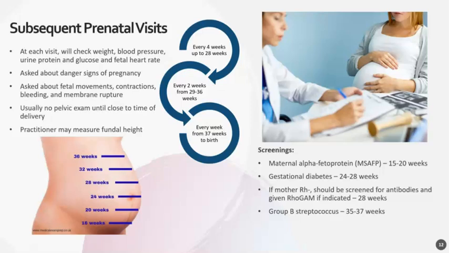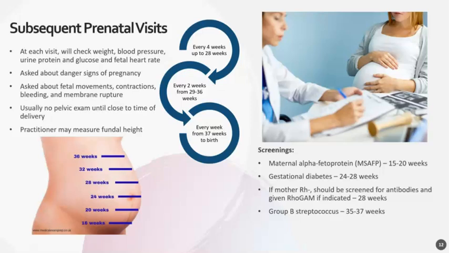Subsequent prenatal visits. What we're about to go over is typically used in your normal pregnancies. If you've got a high-risk pregnancy or a pregnancy that's had some complications or issues along with it, it may not necessarily fit these guidelines to a T. Within a normal pregnancy, the patient's going to be seen every 4 weeks for up to 28 weeks.